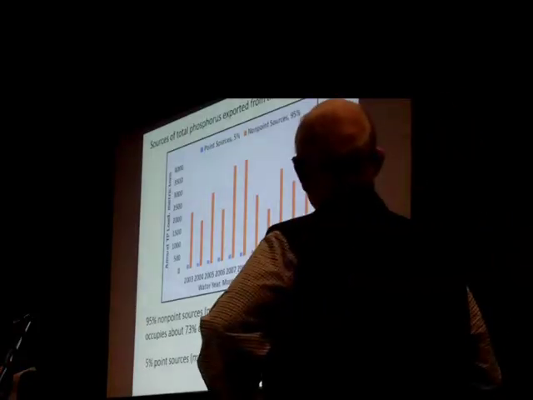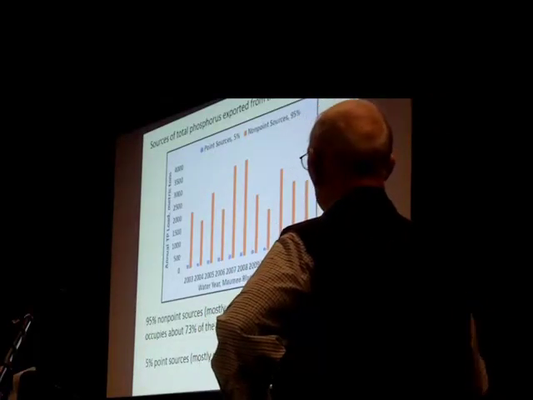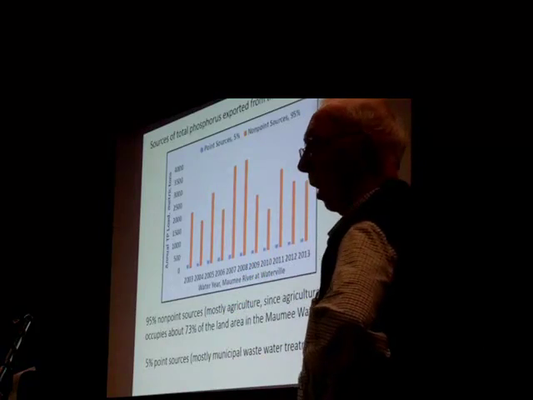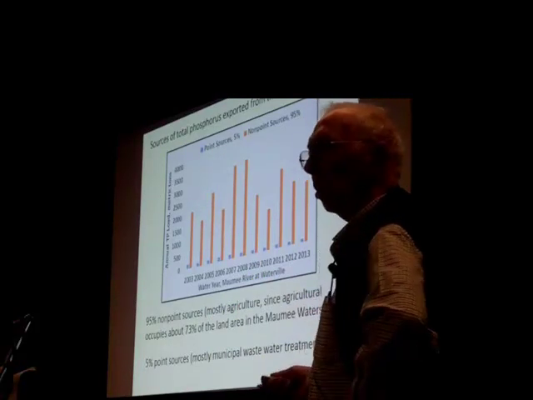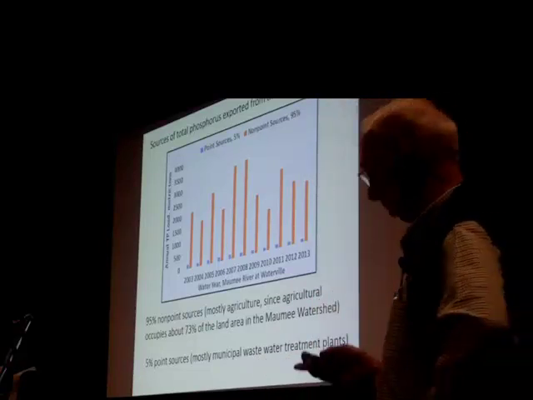So non-point source is 95% of the problem. About 73% of the land use in the Maumee is agricultural land. Just looking at the land use, you have to conclude that most of this phosphorus is coming from cropland.